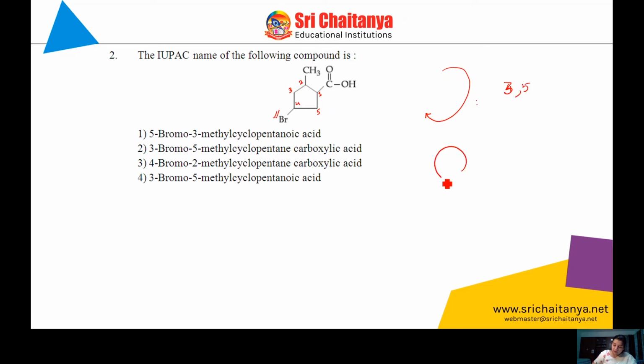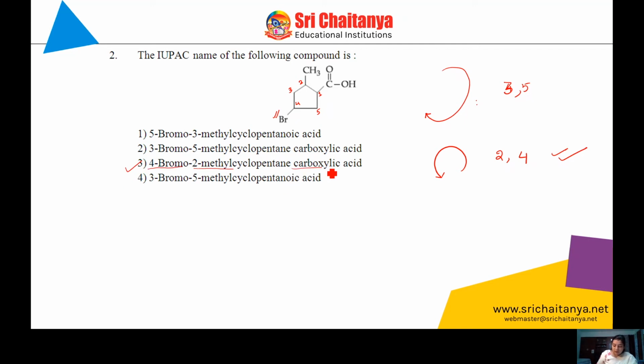Whereas if you go this pathway, the locant set is 2, 4, and the lowest locant rule has to be considered, so finally 2, 4. At position 4 I will find bromine, position 2 is methyl, so the answer has to be 3, 4 bromo 2 methyl.